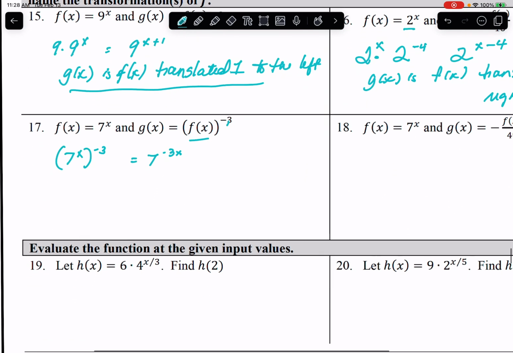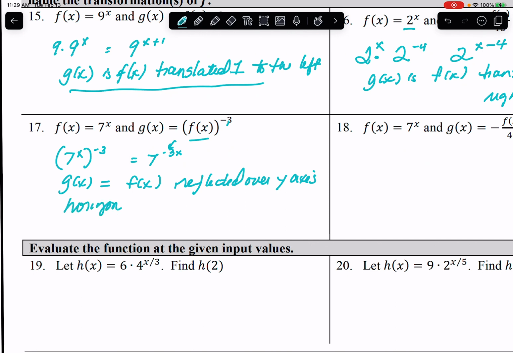So two things going on here. g of x would be f of x, and first it's reflected over the y-axis and then horizontally dilated by a factor of 1/3.